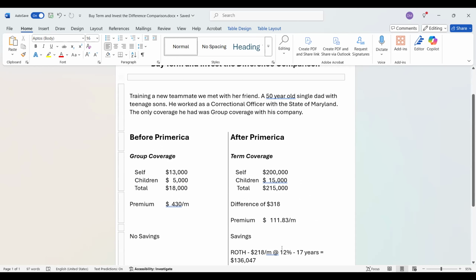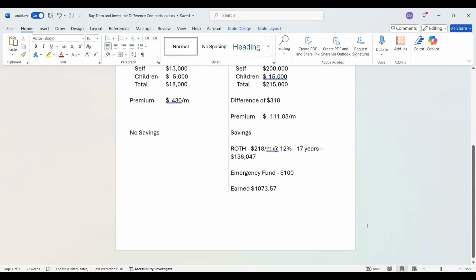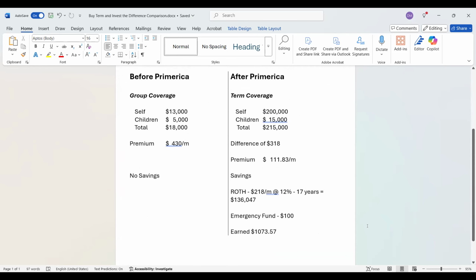So after that, we talked about what to do with that money. He didn't have any savings at all. We opened up a Roth IRA for him for $218 a month. If he saves that, which he is, up until retirement at 67, that will give him an extra $136,000.